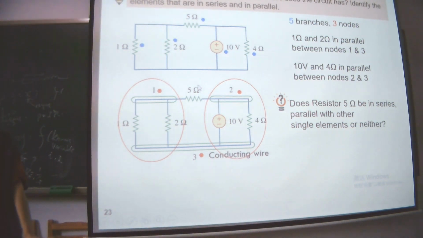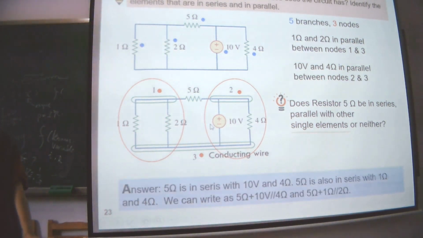Is the 5 ohm in parallel with any single element? No. We find that this parallel combination RP and the 5 ohm are in series. So the 5 ohm is in series with the 10 volt and 4 ohm part and this other part, but not with them individually.